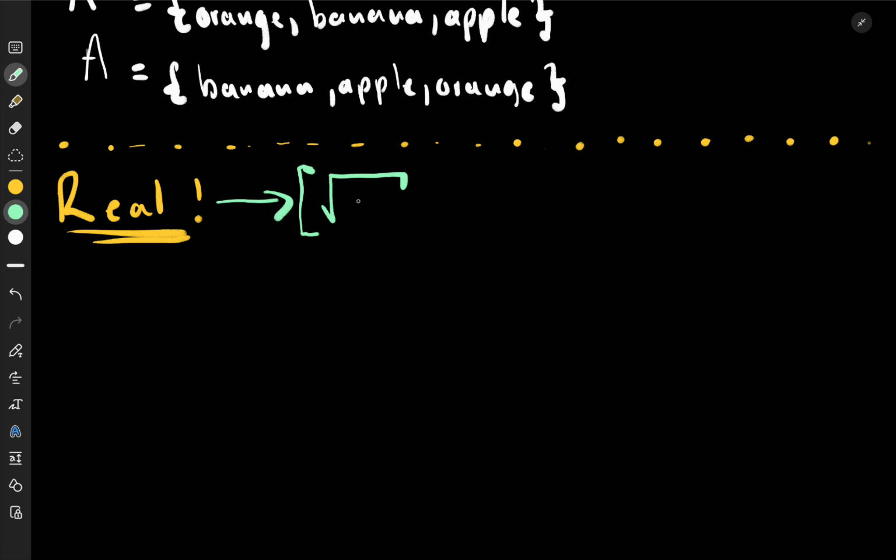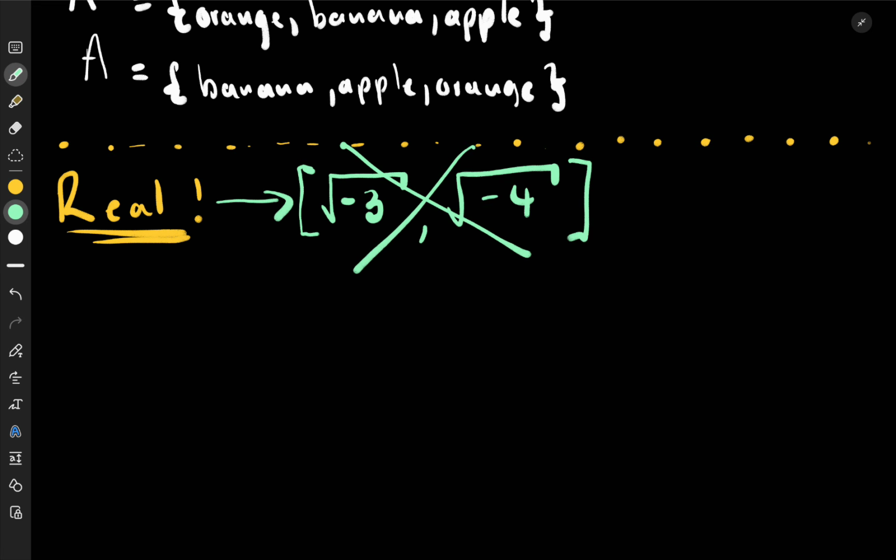So when you take the root of a negative number, an even root, like say square root of -3 or even square root of -4, this is going to be an imaginary number. If you try to punch it in the calculator, your calculator will say error. So these are the only type of numbers that do not qualify as real.